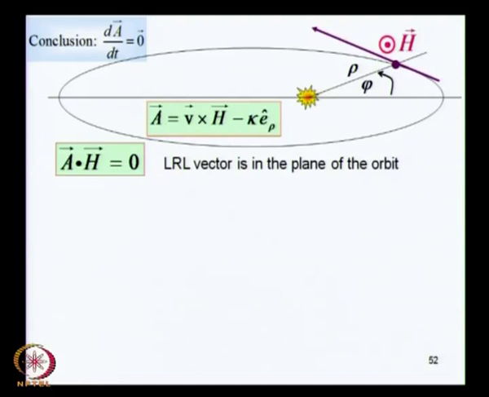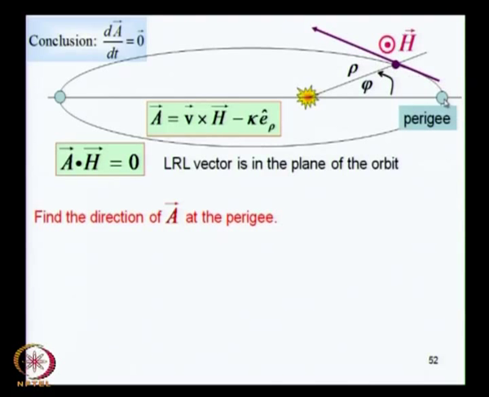So, let us draw it. Having known that it is in the plane of the orbit, let us find what its direction will be, and let us do it for just one point. Let us determine it at the perigee. Now, this is the perigee. What is the direction of V cross H at this point? V is from bottom to the top, H is from the plane of the paper toward you.